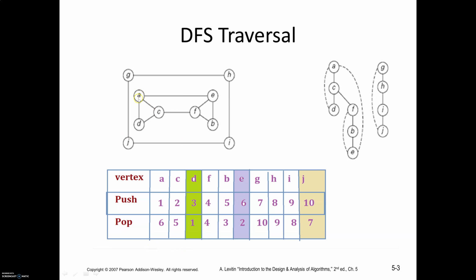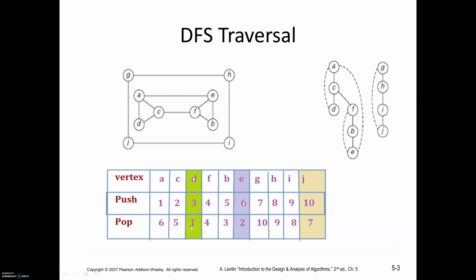Now start with A. Since you are starting with A, push A to the stack, then C, then D. For A, even though all three are adjacent vertices, since I am following dictionary order, I am considering C as the adjacent vertex. So A, C, D.